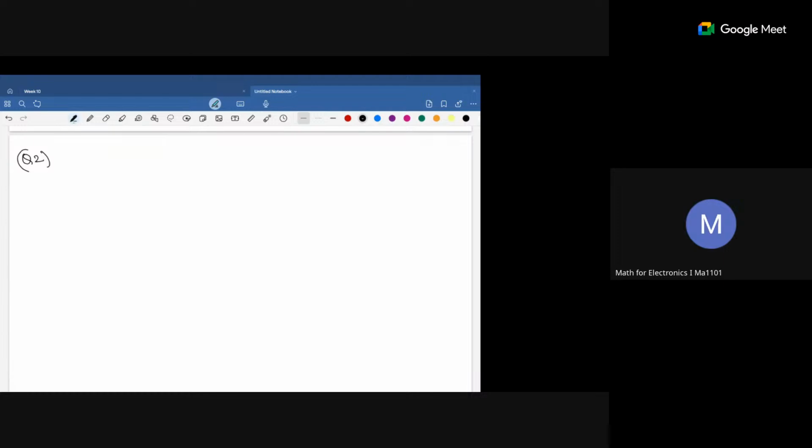Okay, so let's solve the third problem. So this is a replica of GA question 3. This question basically talks about how we can convert from one trigonometric function to another trigonometric function.